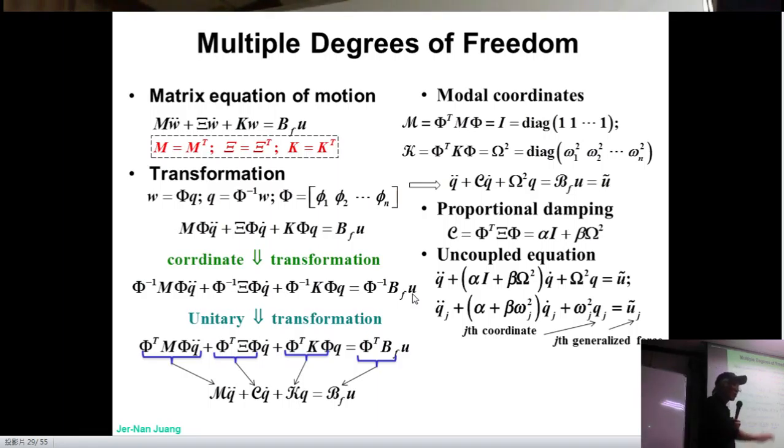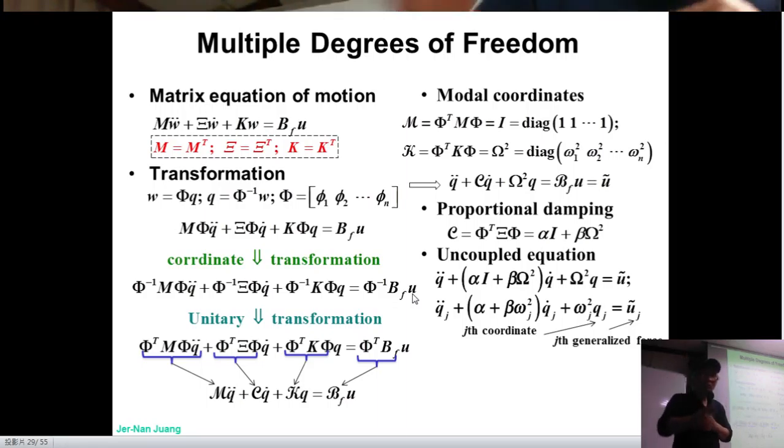If your transformation changes the eigenvalues of a system, that transformation is not good. So any transformation like this, phi inverse, assuming phi inverse exists, times a matrix M times phi, we call a similarity transformation.